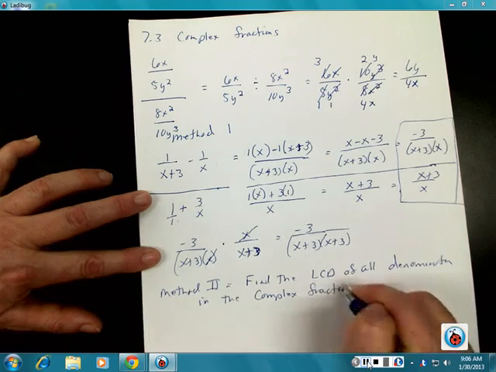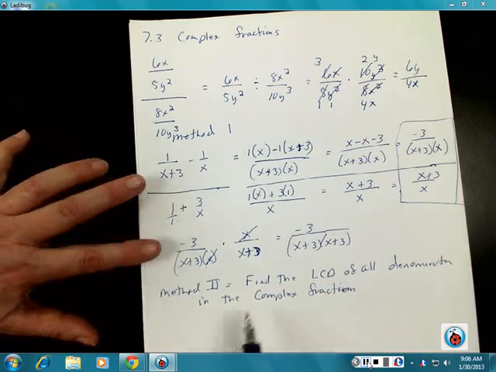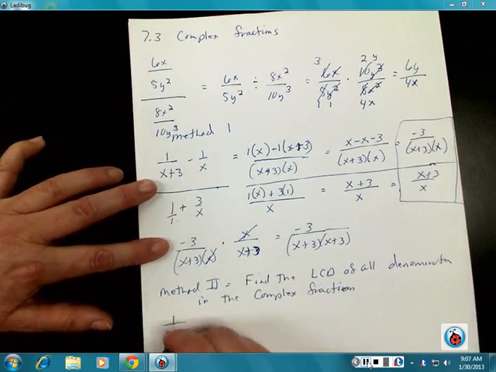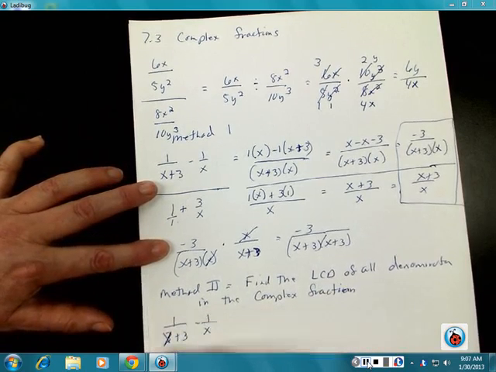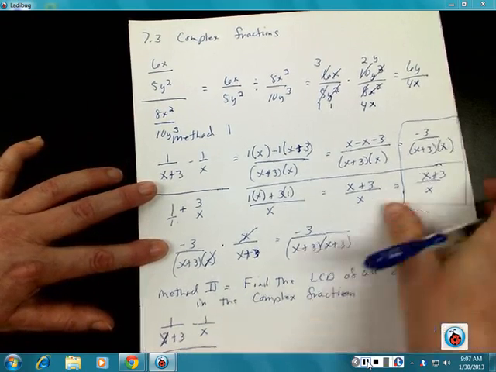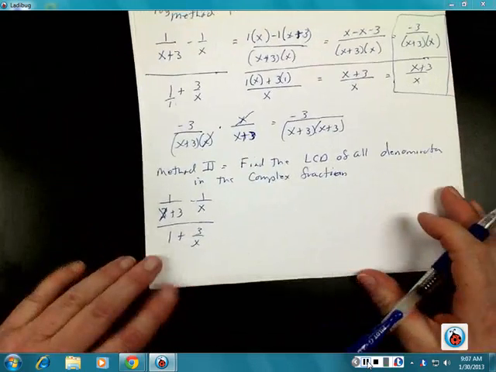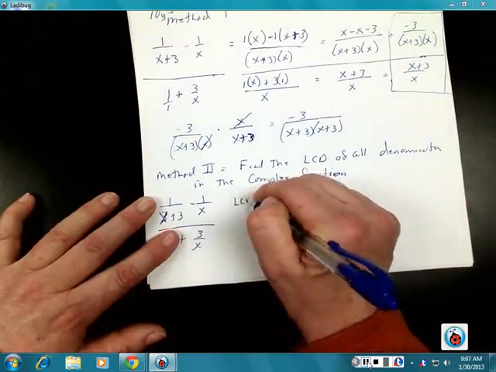And we're going to do a few of these, so don't think we're going to leave you with just these two. So if I find the common denominator of everything, I'm going to rewrite my problem. I can move it up a little bit. Okay, so if I move it up, what's going to be my LCD of this whole problem?